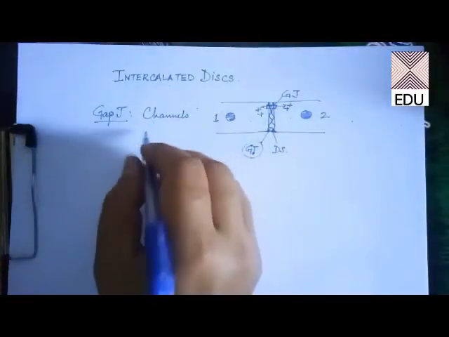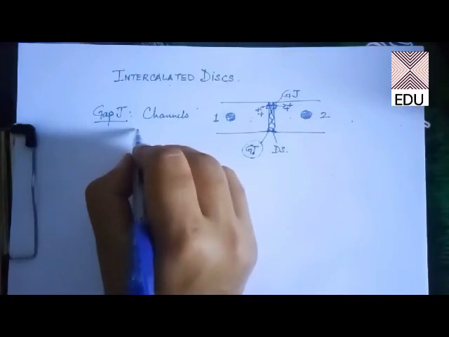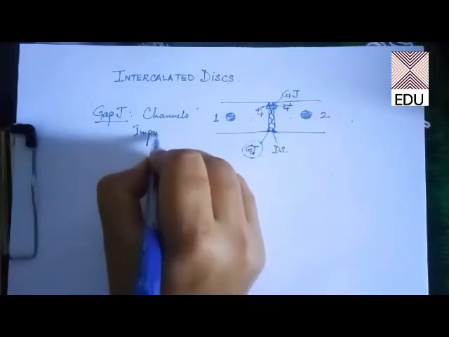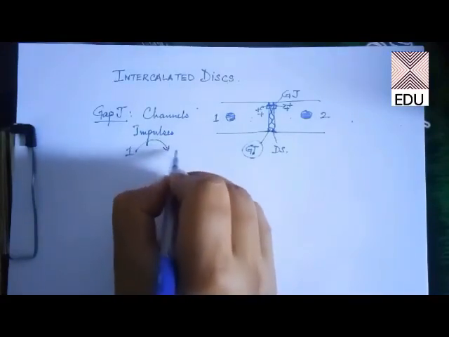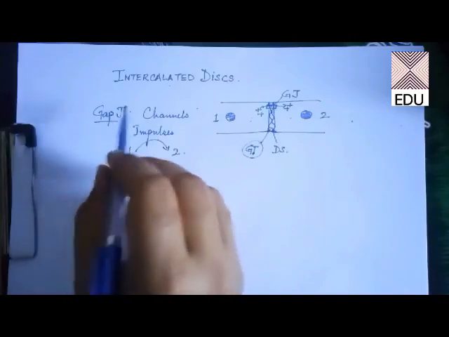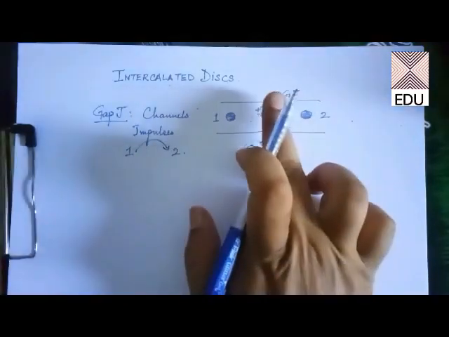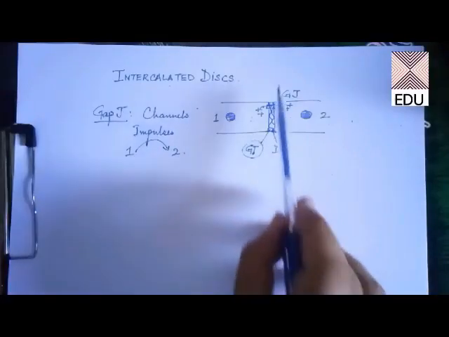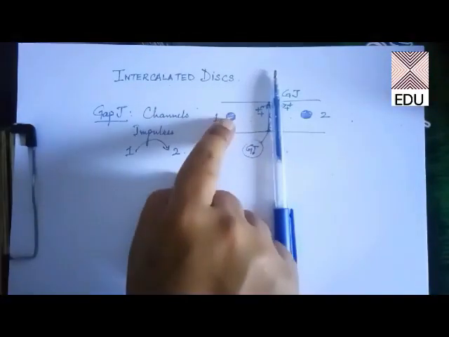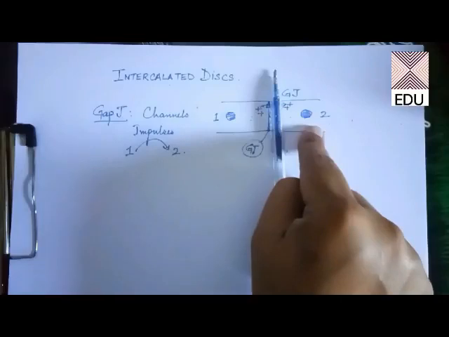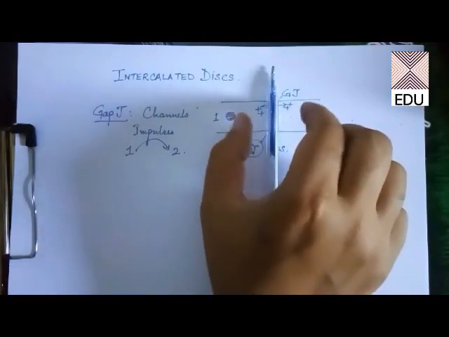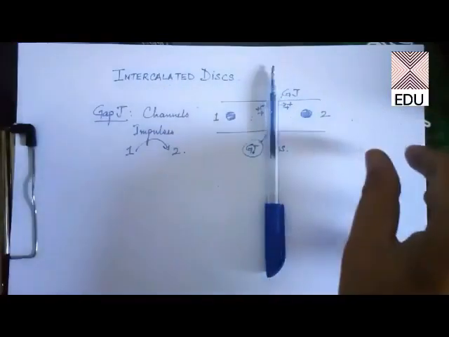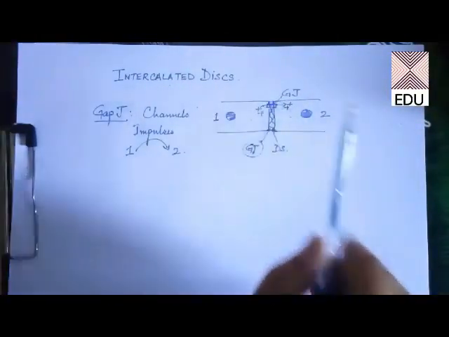It is just like sending impulses from cell number 1 to cell number 2. If we delete all of the gap junctions from this site, cell number 1 cannot pass the impulses to cell number 2. In this case, the heart muscles cannot contract simultaneously or synchronously. That's why gap junctions are very, very important.